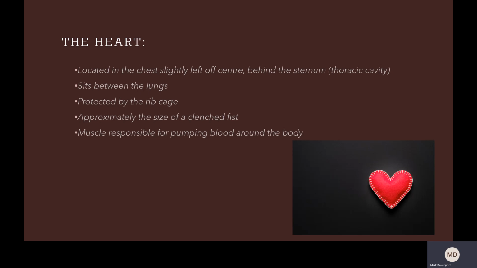The heart sits between the lungs, so there's a lung either side of the heart, and it's protected by the rib cage, which sits around your heart and your lungs. It's approximately the size of a clenched fist, so if you look down at your fist, that's roughly the size of your heart.